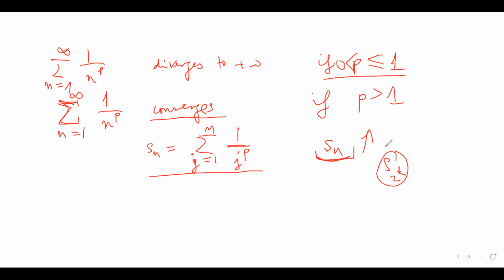Because if you know that S_2, S_4, S_8, S_16, and so on is a bounded sequence, then for any n you can find something of this form that's bigger than n, and then S_n is less than, say, S_32, which is bounded by some constant. So you need to show that this is bounded for all k.